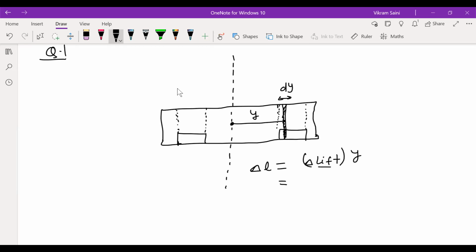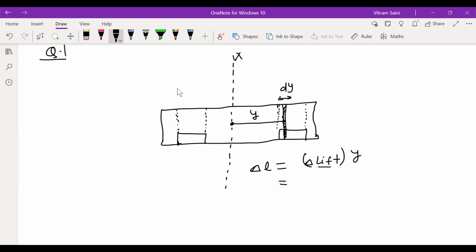Because of the camber, the lift changes, because the lift coefficient changes for those sections. Now, if you have extra lift, this delta lift, and you multiply it with the moment arm y, then you have this roll moment about this x-axis.